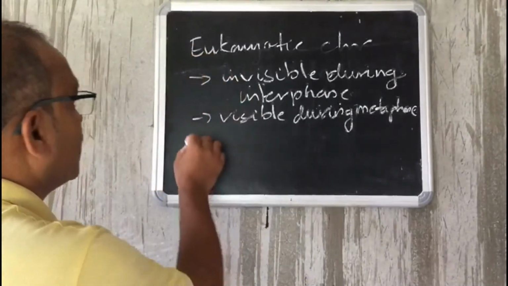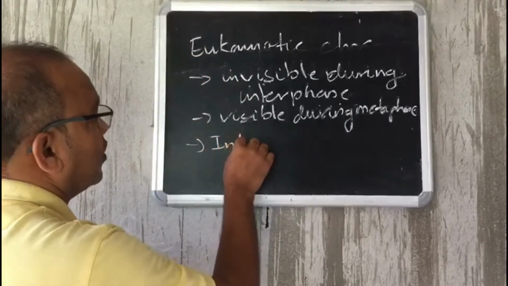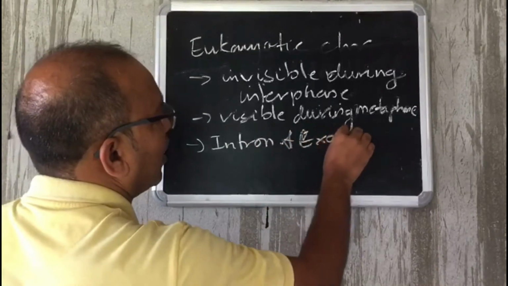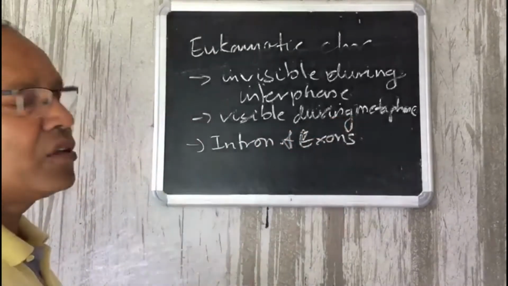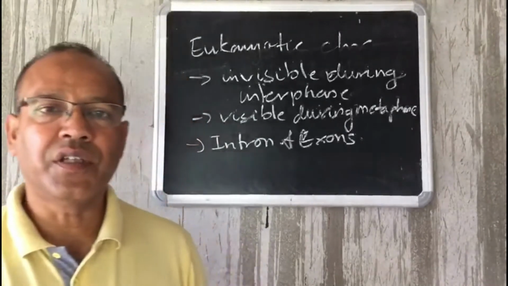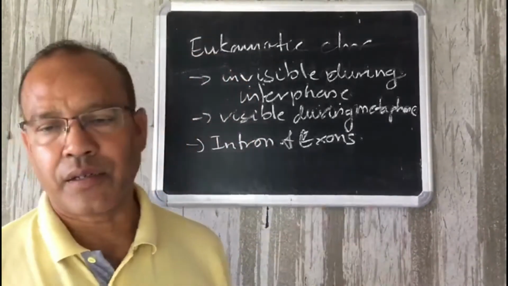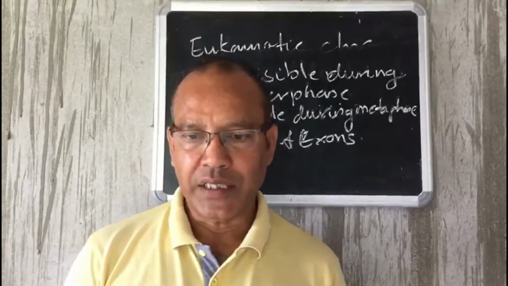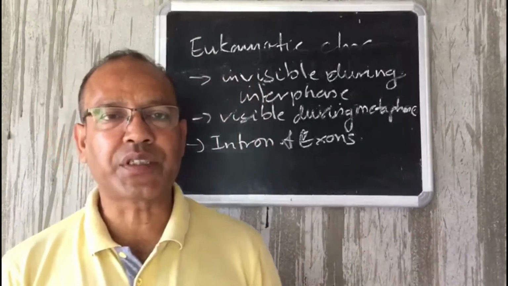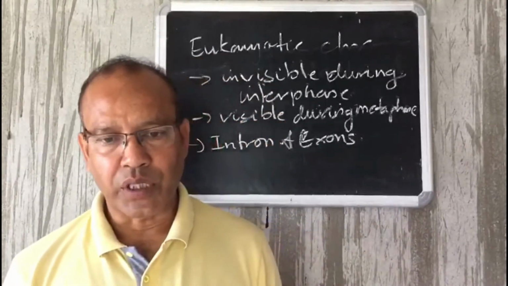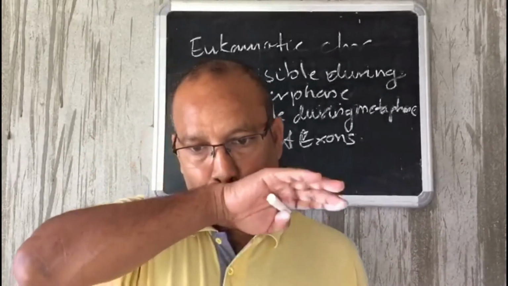They have introns and exons present. As we have already talked about, introns are the intervening repetitive DNA sequences, whereas exons are the main coding sequence which are genetically active, which helps in the synthesis of proteins.